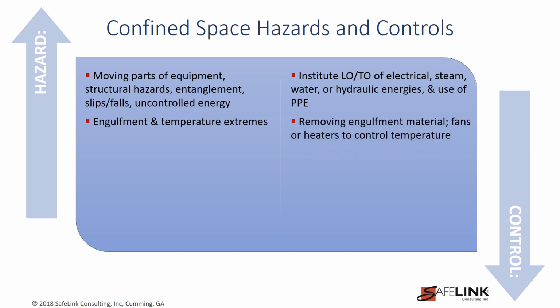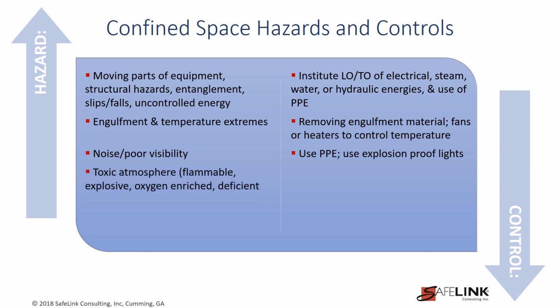Controls include removing engulfment material and using fans or heaters to control the temperature. The hazard is noise or poor visibility. The controls could be using PPE or using explosion-proof lights. And finally, a hazard with a toxic atmosphere: flammable, explosive, oxygen-enriched, or deficient. The controls would be to perform atmospheric testing and continuous monitoring and ventilation.